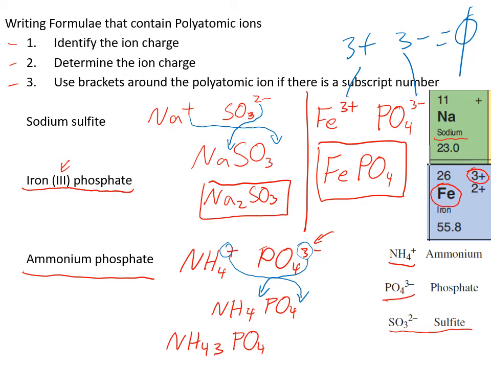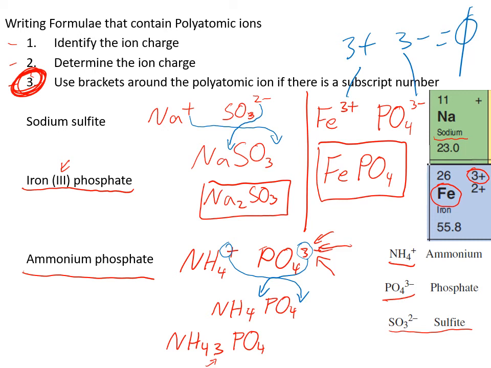Now that's where this step number 3 comes in handy. Use brackets around a polyatomic ion if there's a subscript number that we've added. So there is a subscript number we added. We added this 3 subscript number that swapped and dropped down to here. And so what we need to do is we add brackets around just the polyatomic ion.